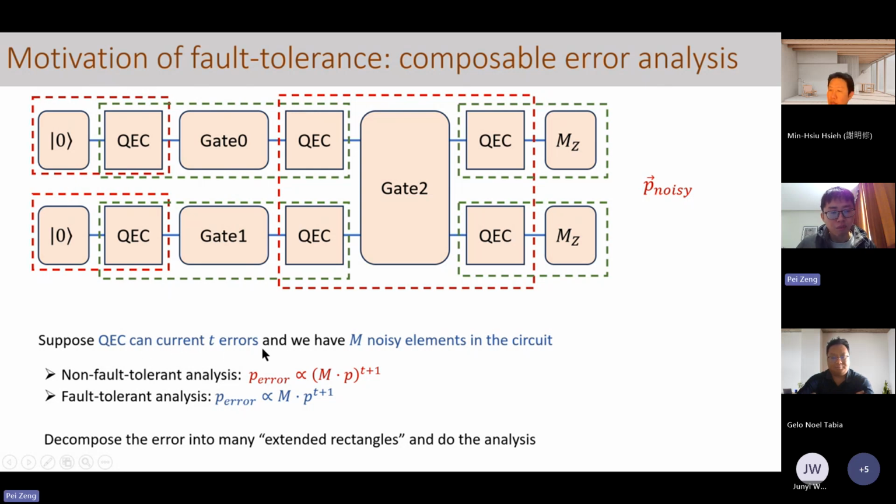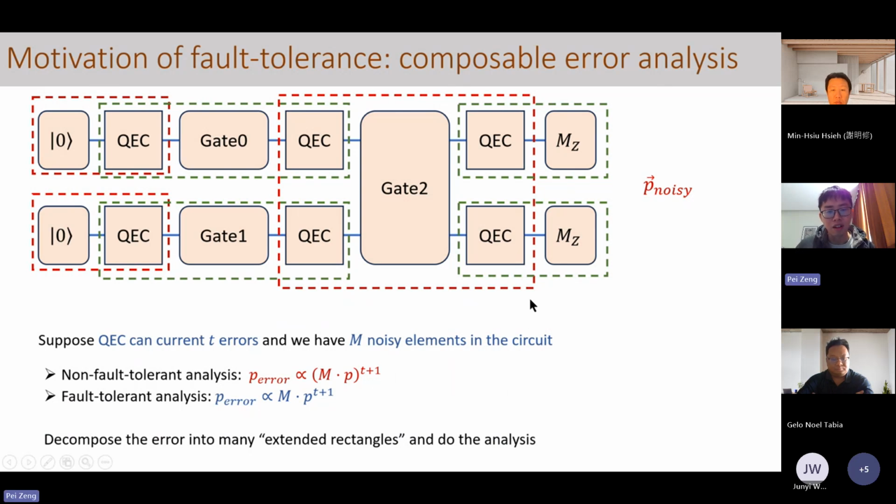When we have this noisy circuit, and the error number in each box is smaller than T, where T is the correctable error number of the quantum error correction code, then we can safely say that this noisy circuit can simulate the ideal circuit faithfully with a very small error rate.